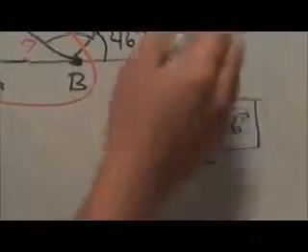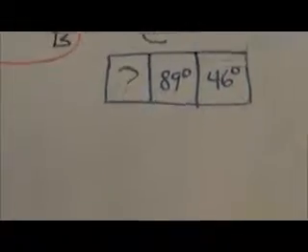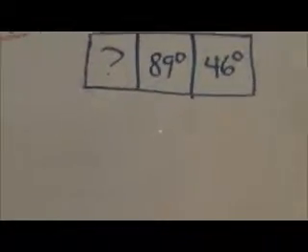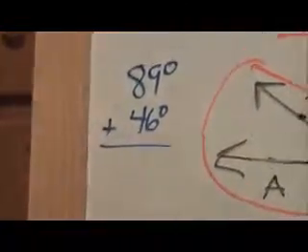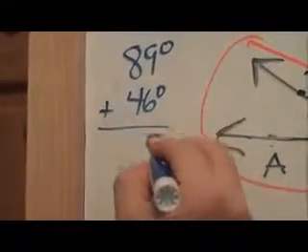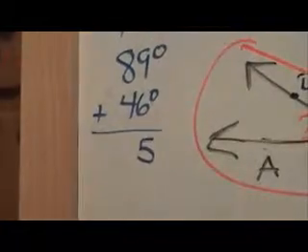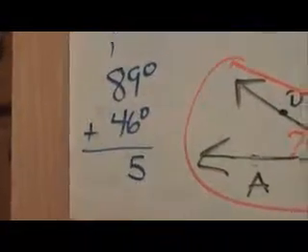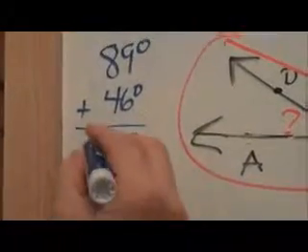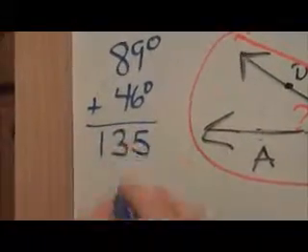If I think about my straight angle being 180, and I've got a missing part here, I just need to do a little work on the side. I've got 89 degrees. I've got 46 degrees. I'm going to add those up. 6 and 9 is 15. 40 and 80 makes 120, plus 10 more is 130.